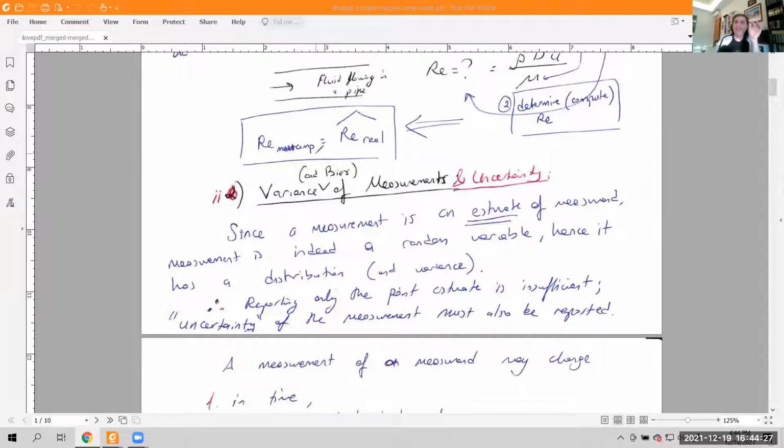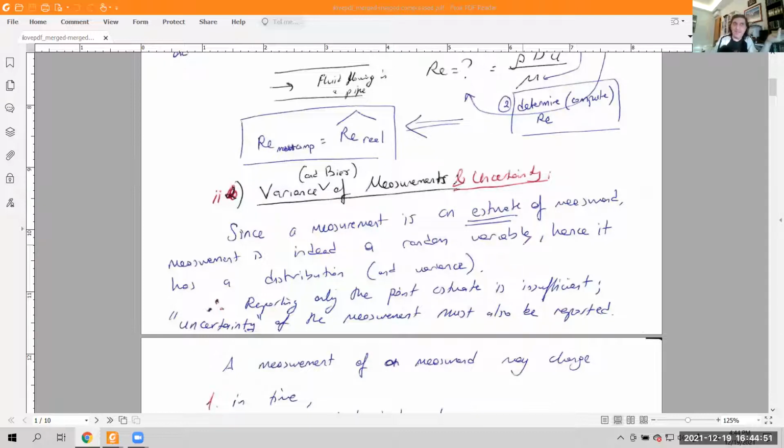So reporting the point estimate, I'm comparing with statistics. Think about the concept of confidence intervals or confidence bounds. We do not only report a single point estimate, but we also report a confidence bound to give the confidence or uncertainty of our estimates of our measurements.